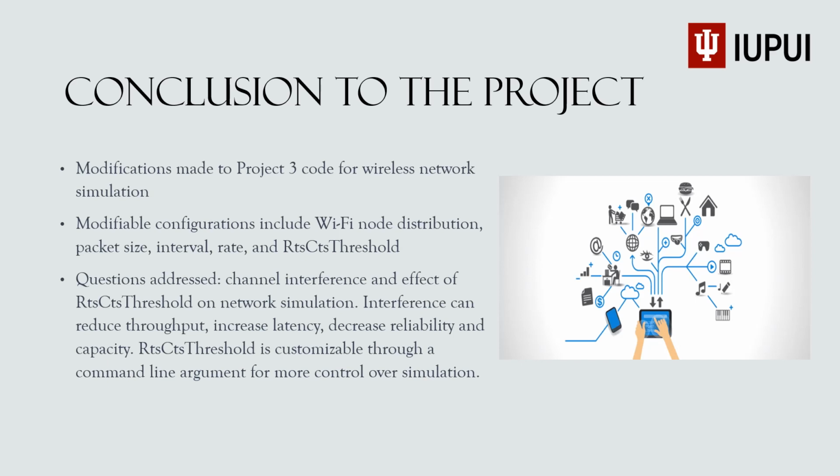The project also addresses the questions regarding the impact of interference in the Wi-Fi network, the impact of the distance, the density of the network, the packet size, and also the RTS-CTS threshold. The project has been run in multiple simulations in order to demonstrate the effects of each of the components that were asked as part of Project 4.